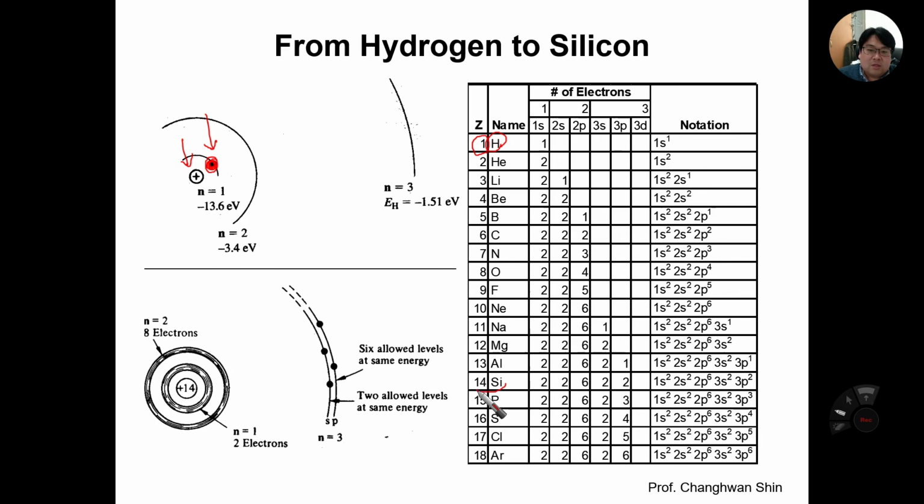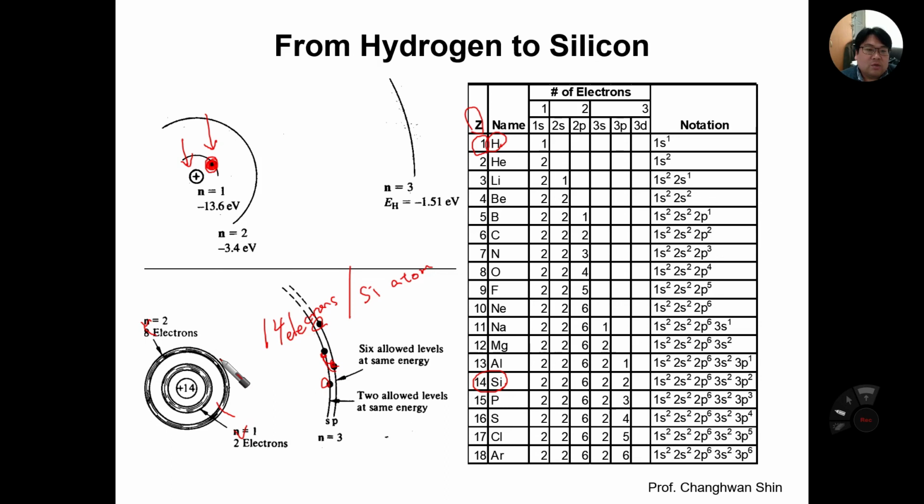And what about silicon? Silicon has a total of 14 electrons: 8 plus 2 plus another 4, so 14 electrons per silicon atom. Now you may understand the meaning of atomic number in the periodic table: the higher the atomic number, the bigger the corresponding atom is.